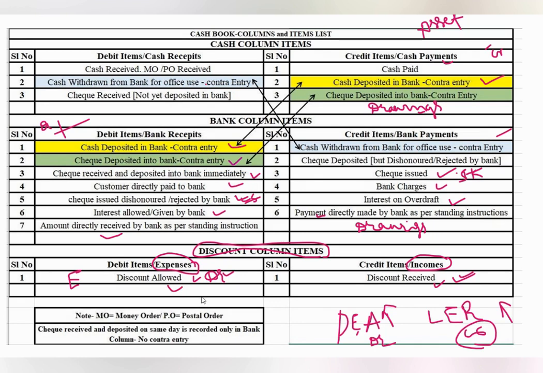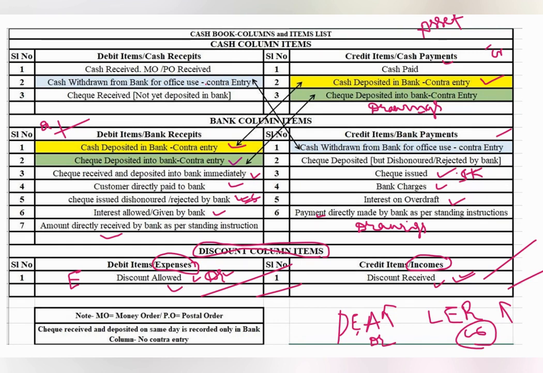And there is no need of balancing these items. At the end of a particular cash book, we write by balance carried down and to balance brought down, like that we write.